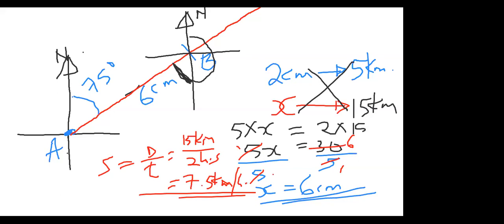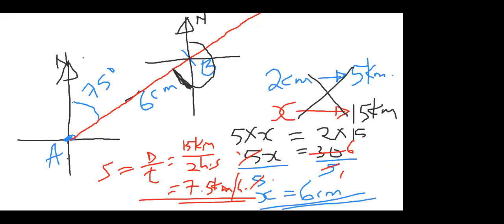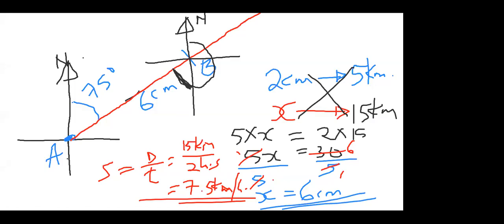But at the moment, I want you to try out this bearing and tell me the answer before you proceed. The time is running. Let me wait for you. I beg your pardon? 195 degrees.